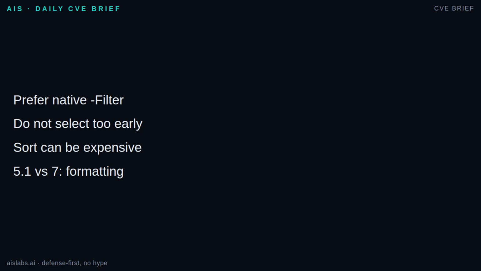Active Directory cmdlets make this even more important because server-side filtering avoids dragging the directory over the network. Second pitfall, do not Select-Object too early, then wonder why Sort-Object CPU fails. You removed CPU. In Windows PowerShell 5.1, output formatting can also hide properties. Use Get-Member or Select-Object -Property * when inspecting.